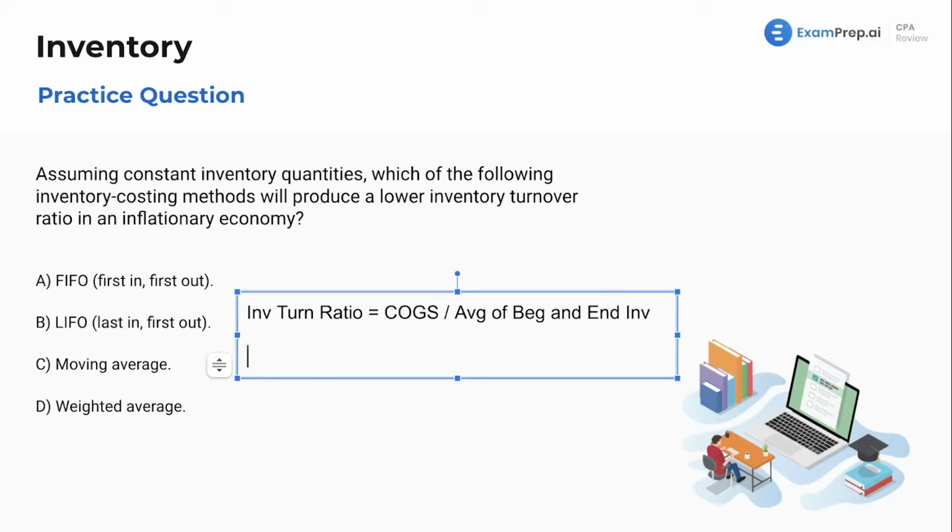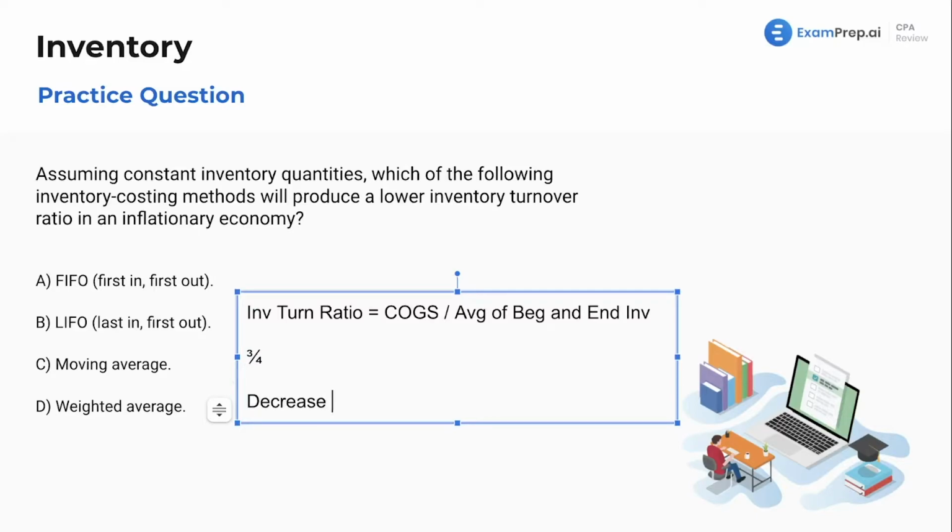So if I have 3 to 4, well, how do I make this smaller? I either increase the denominator, that's a smaller number, or I could decrease the numerator, and that's a smaller number. So here's our original one. So we basically want to either, in this question, decrease COGS or increase inventory.